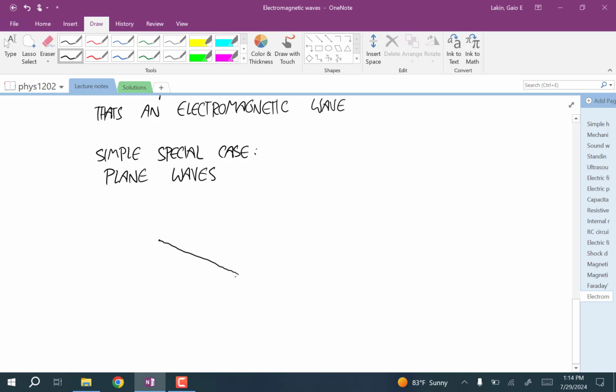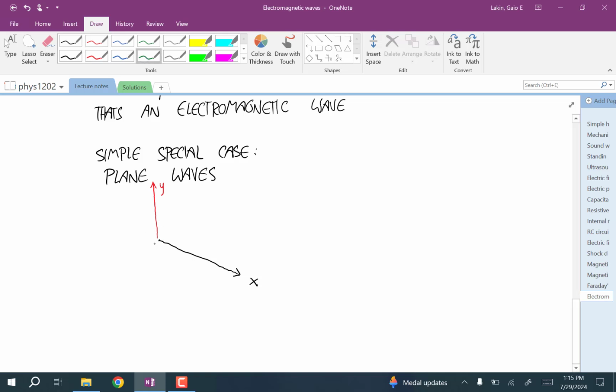So we have an x-axis, and that's the direction that this wave is going to propagate along. And we have a y-axis, and that is the direction the electric field vectors are going to be parallel to.